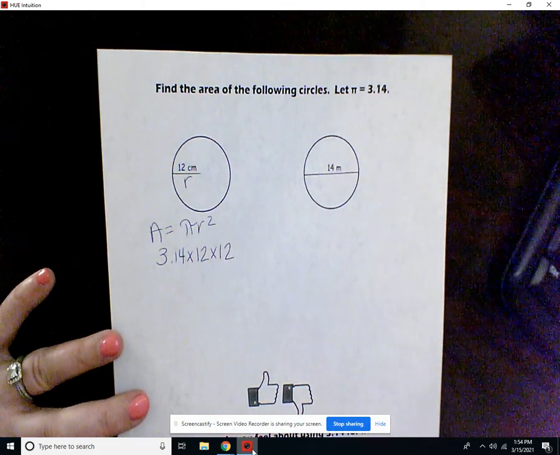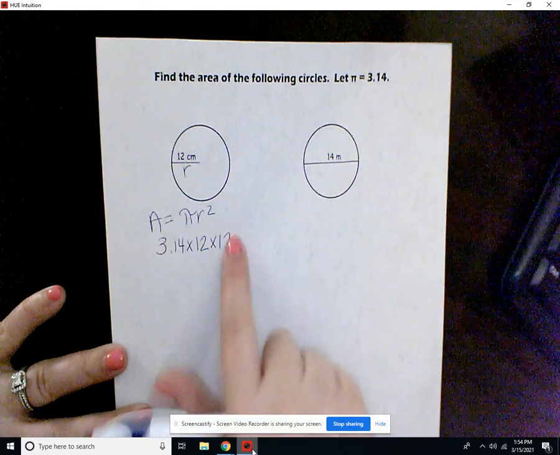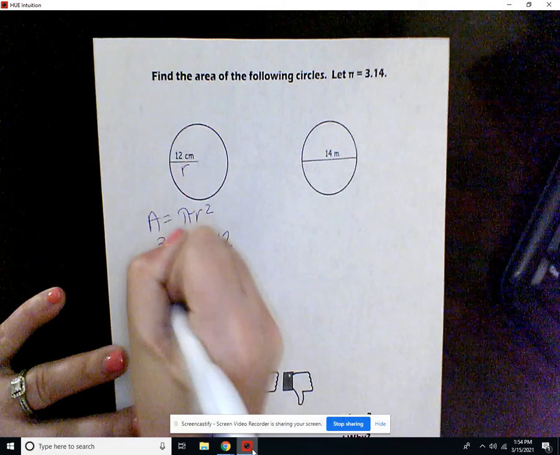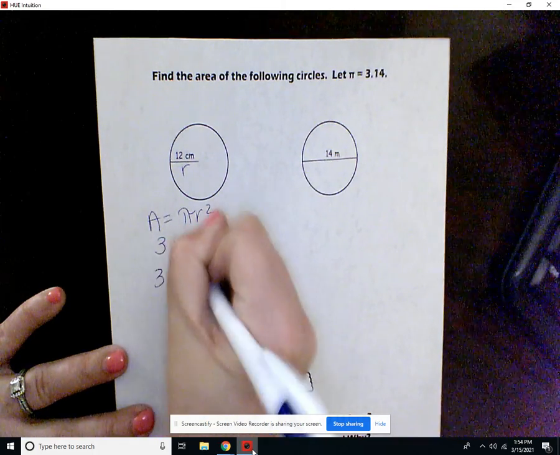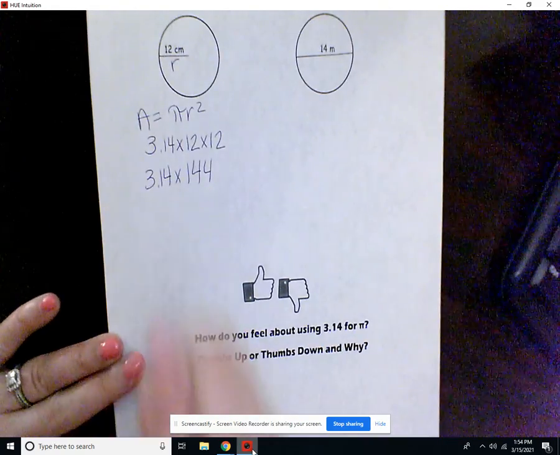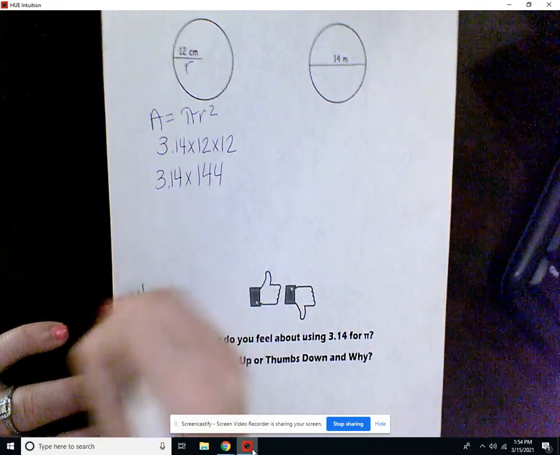This one it's easiest to multiply the whole numbers first and then multiply by our decimal last. So we have 3.14. 12 times 12 is 144. We're going to multiply those two together, and that's going to give us our answer.